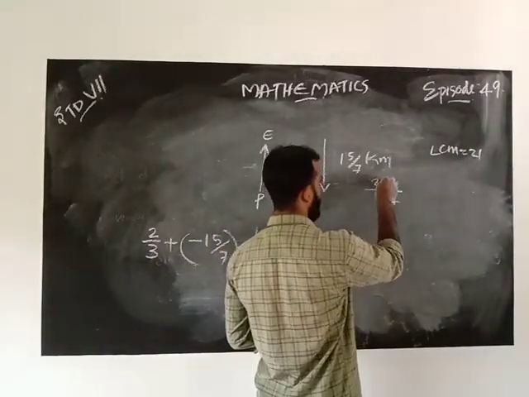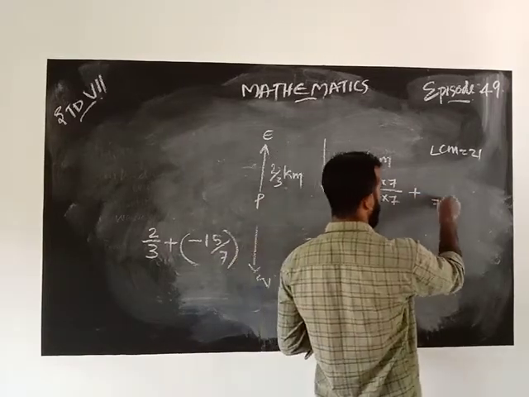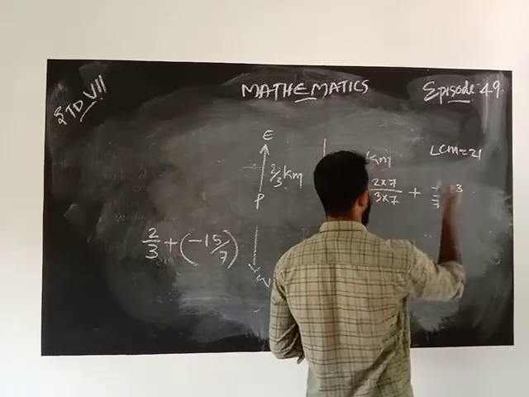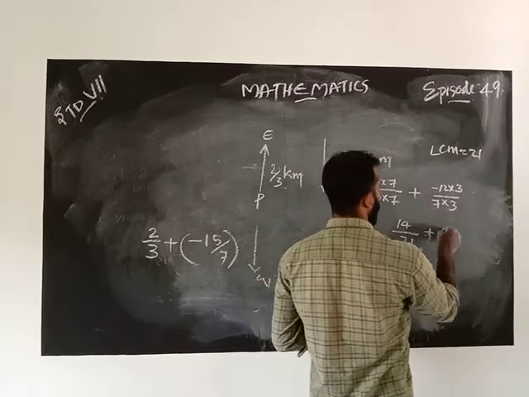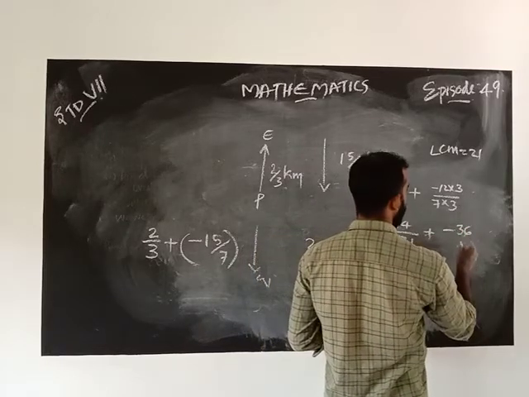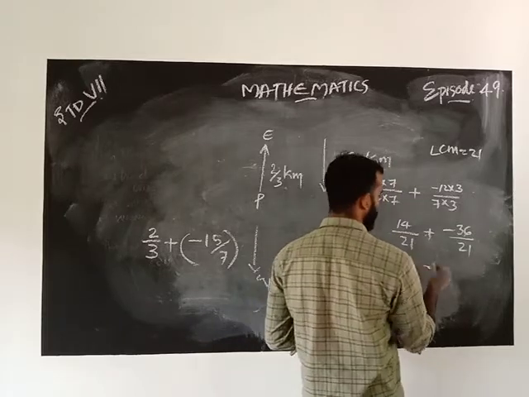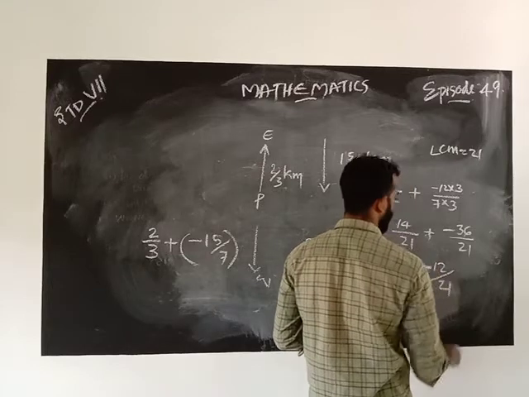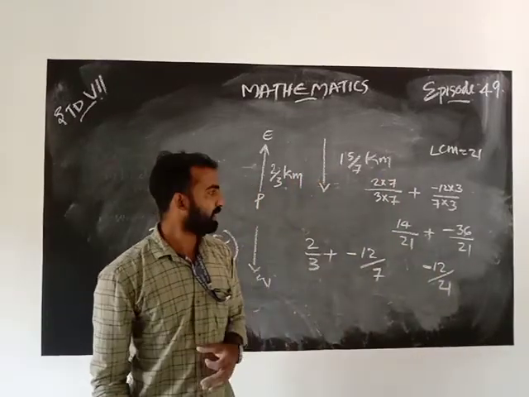That is 2 into 7 plus negative 12 into 3, which is 14 by 21 plus negative 36 by 21. That is negative 22 by 21.